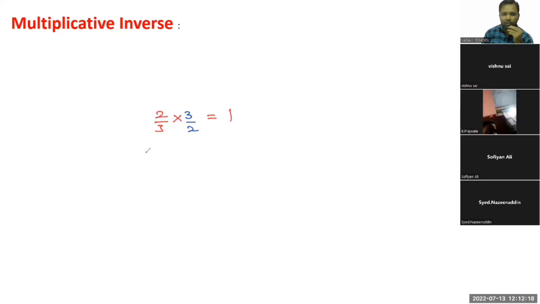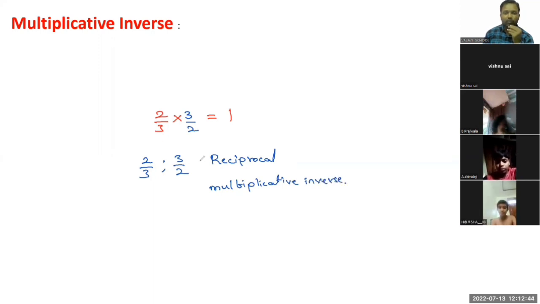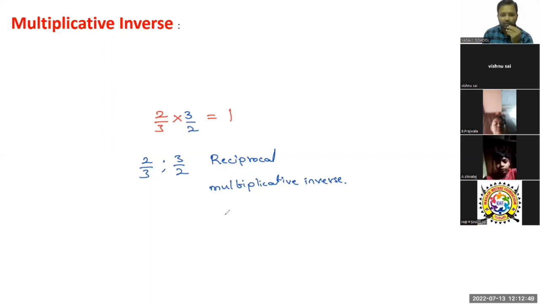So these values 2 by 3 and 3 by 2 are called reciprocals, and also multiplicative inverses. What is meant by reciprocal? When the numerator is changed to denominator and the denominator is changed to numerator.